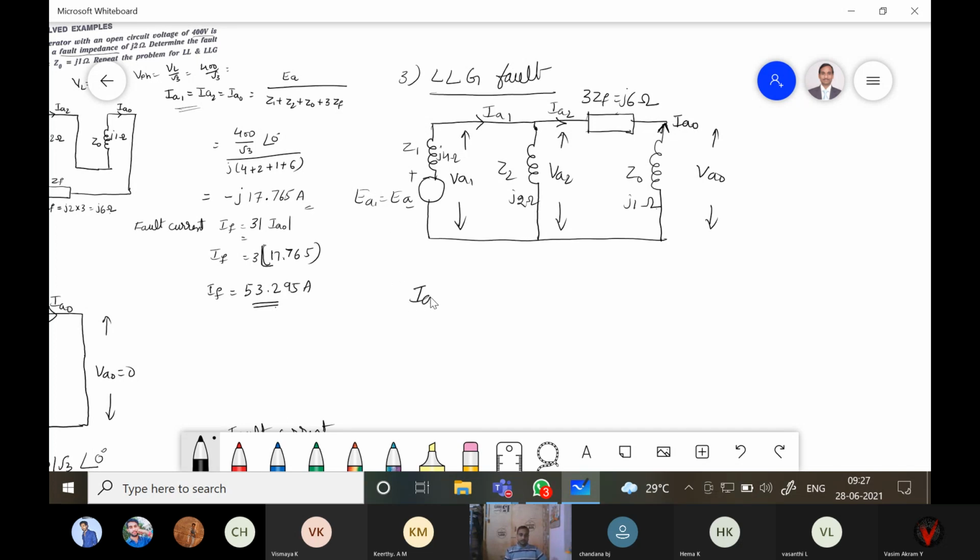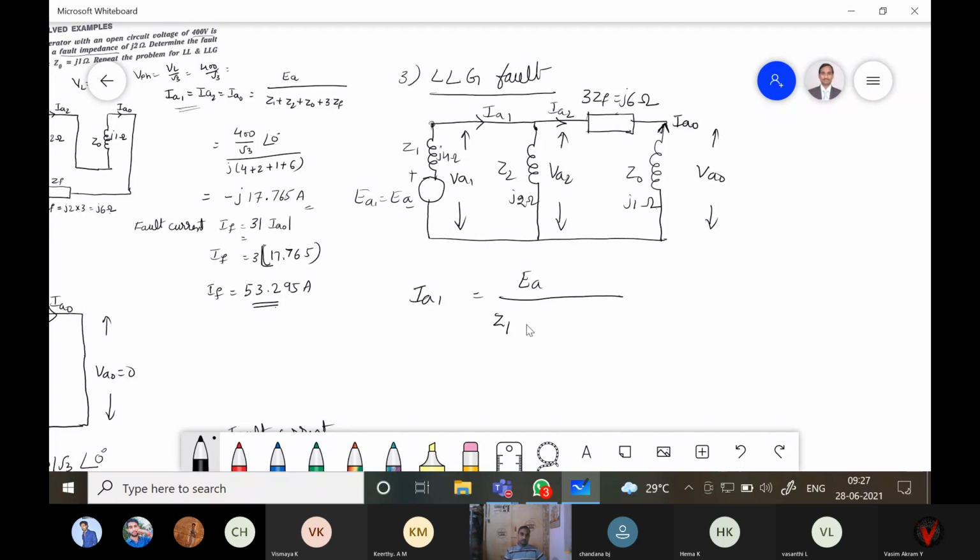Now we need to calculate IA1. In the first loop, that can be calculated by EA divided by the total impedance.